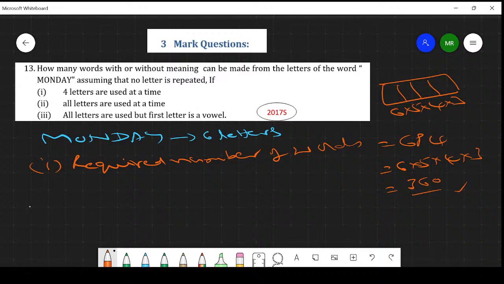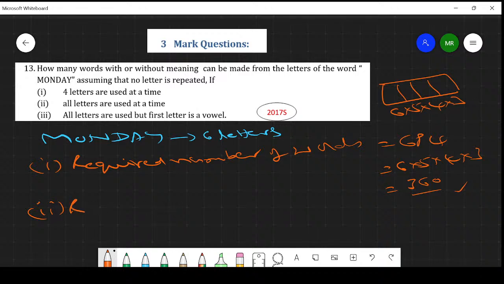Next, the second problem. They're saying that in the second one, all letters are used at a time, all 6 letters. So 6P6, you get 6 into 5 into 4 into 3 into 2 into 1. That means 6 factorial.